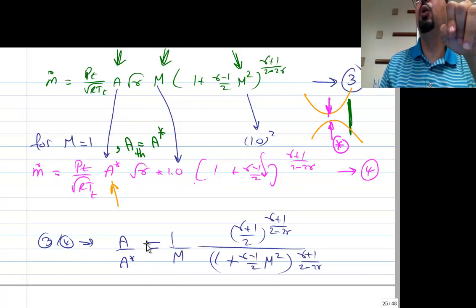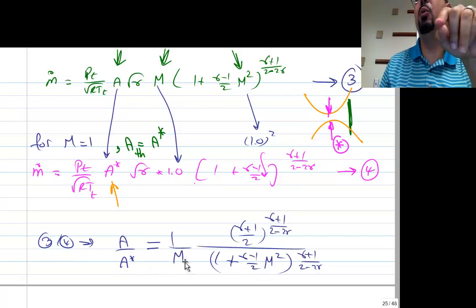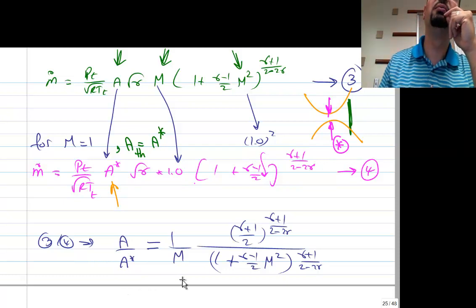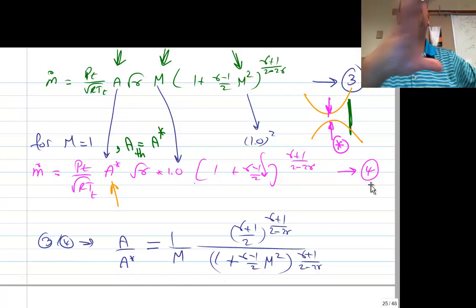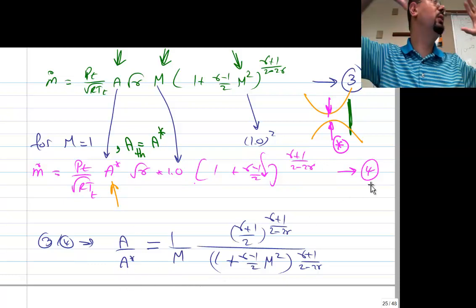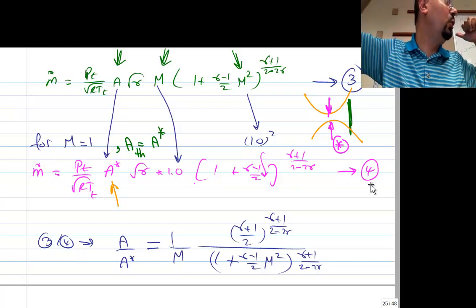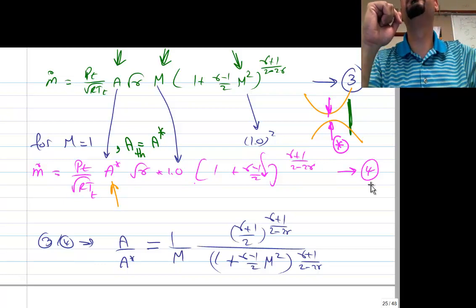If Mach equals 1, then area over area star will become 1. But if Mach is 3, how much area over area star will it take? Let's say we want to make a rocket engine where the flow leaving should be Mach 3. What should be the area ratio?